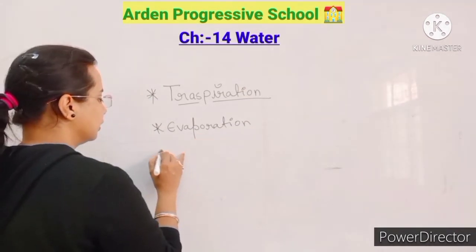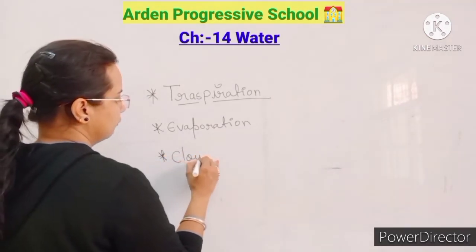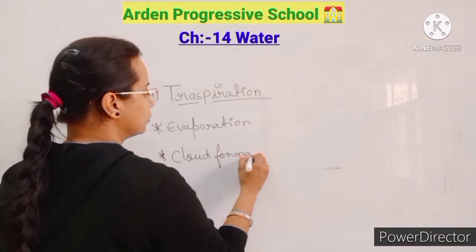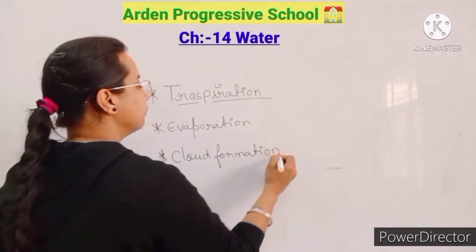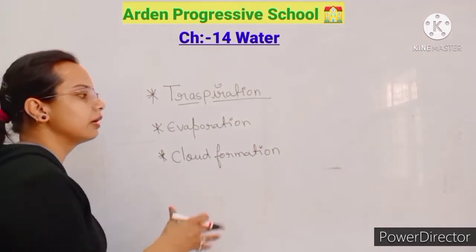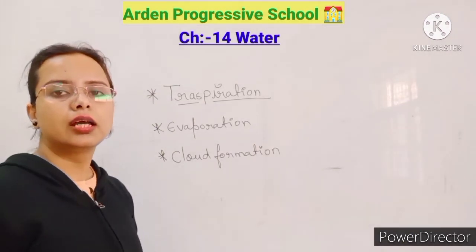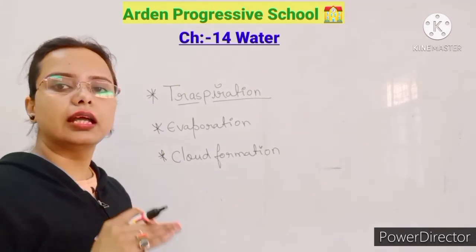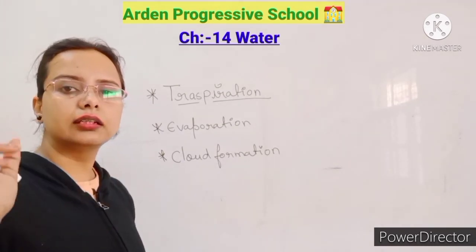Now there is cloud formation. What do you understand by cloud formation? How are the clouds formed? When the water gets evaporated from the surface, the temperature is different on the earth and in the atmosphere.